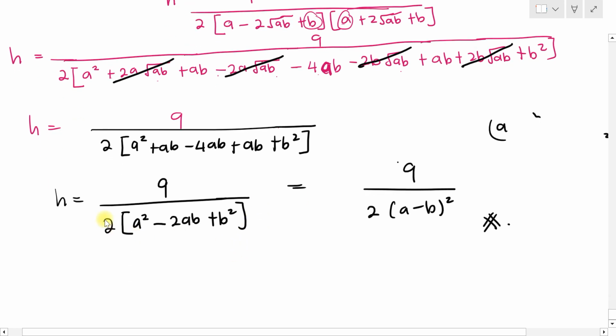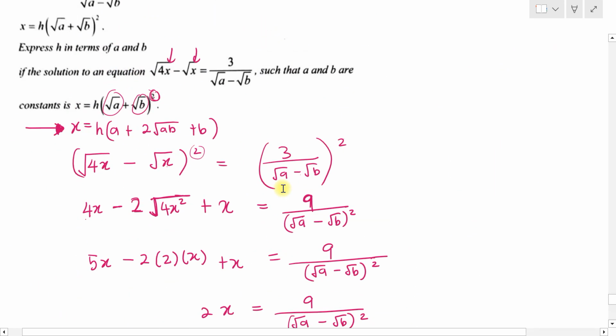Okay, but where did this 2 come from? Okay, we just wait for that one. Let's see. Okay, we recheck the answers. 4x minus x. So I square the whole thing. So the bottom will be square, the top also square, 9, this one.